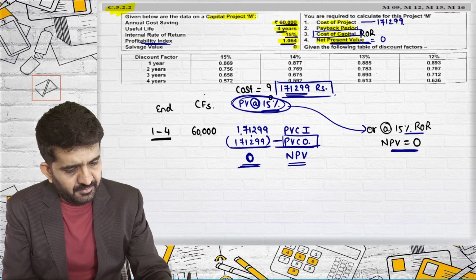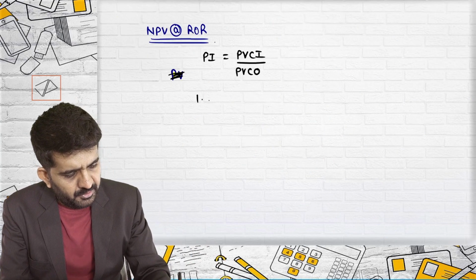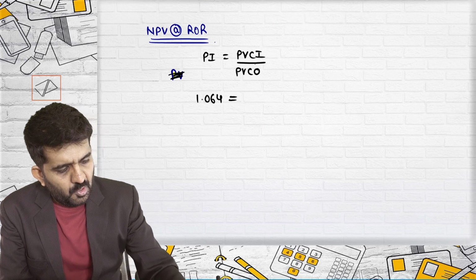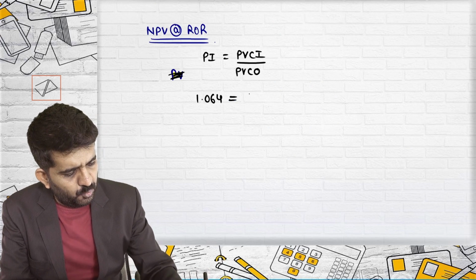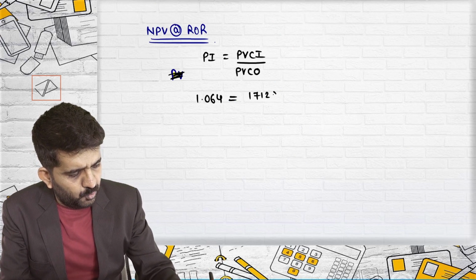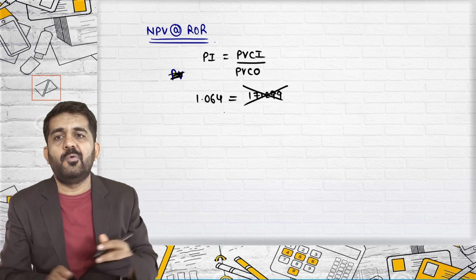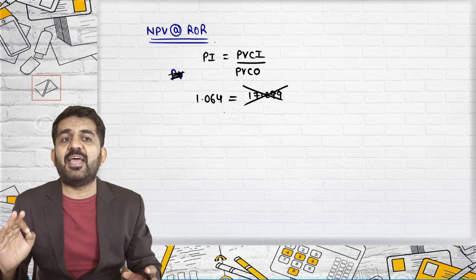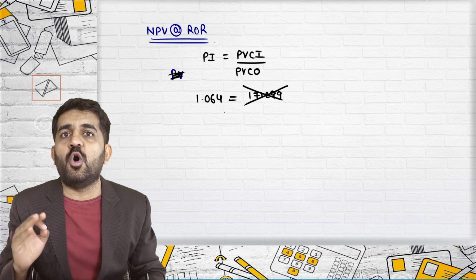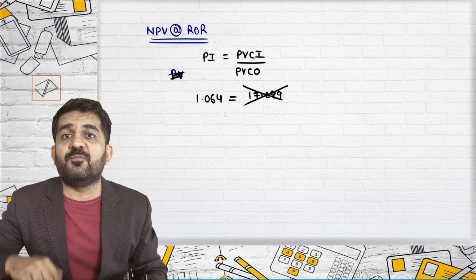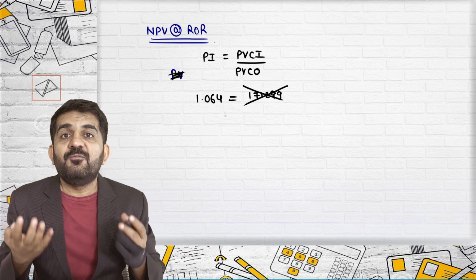What is PI given? 1.064. What is present value of cash inflow? 171,299? No. 171,299 is present value of cash inflow at 15%.